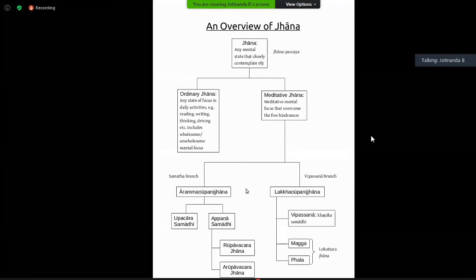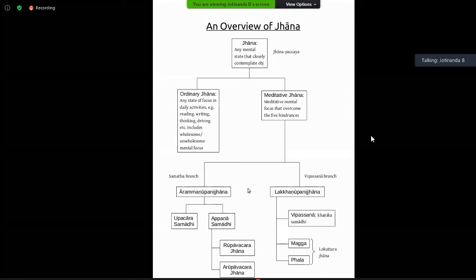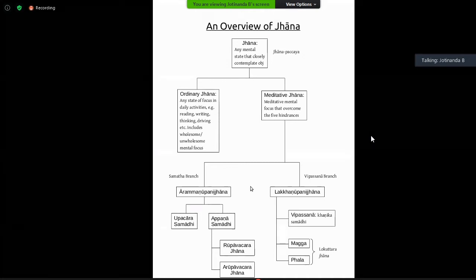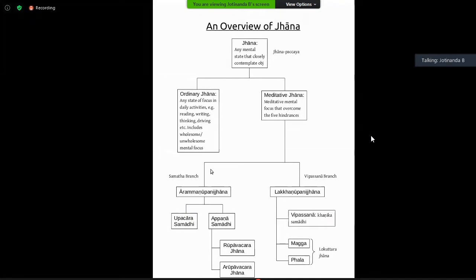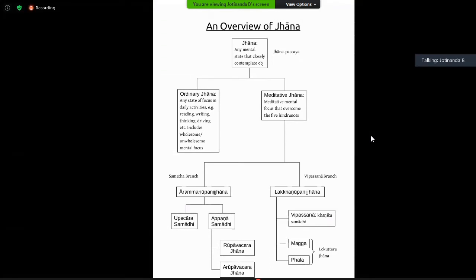The samatha yogis will make use of this object, and as they focus on it, the nimitta appears, the sign of the meditation object arises in the mind. Then they focus on this nimitta.